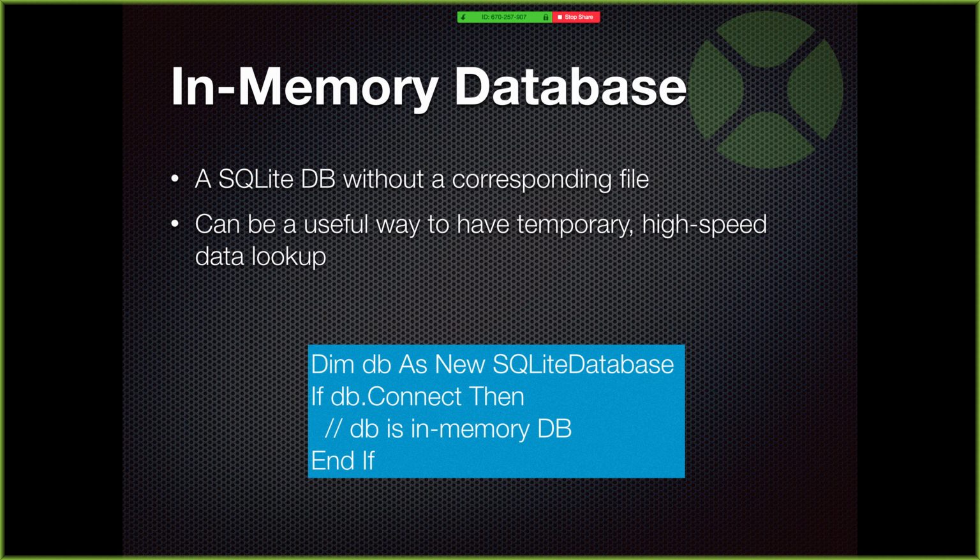Maybe a data file, a JSON file, or something like that, and you want to pull all that in, quickly throw it into an in-memory SQLite database using some particular structure that you want. And then all of a sudden you can just use that in-memory database to query that data that perhaps used to be in a different format.